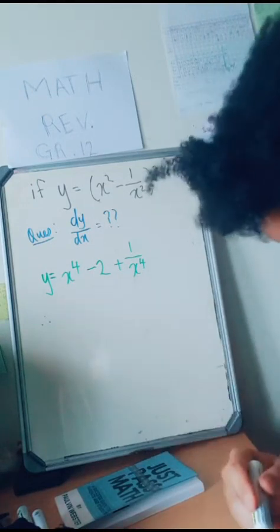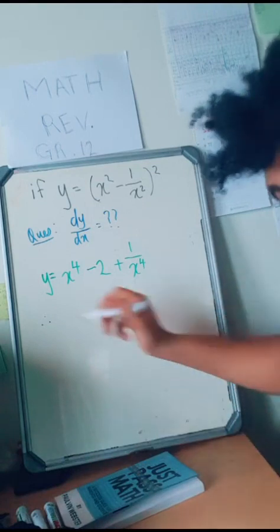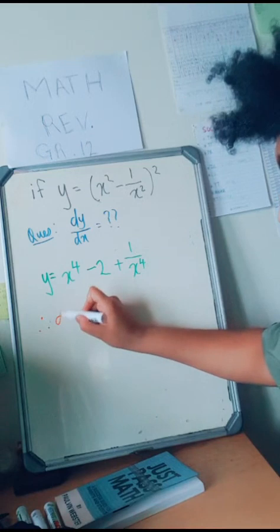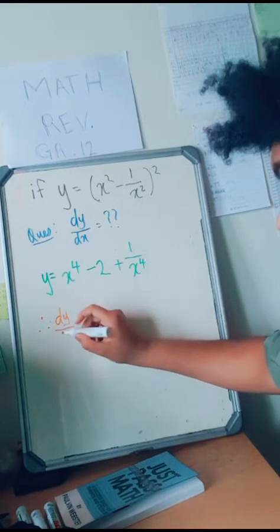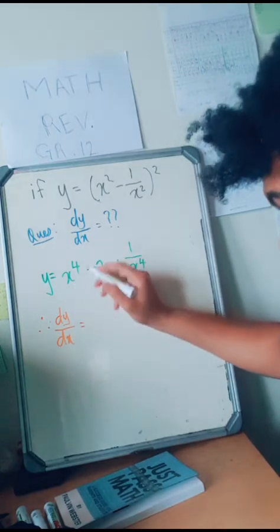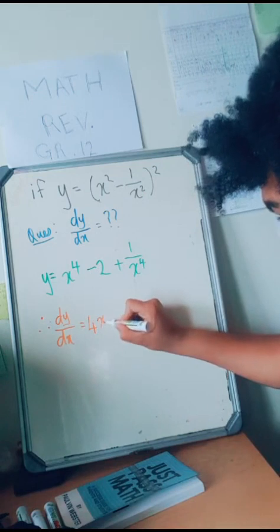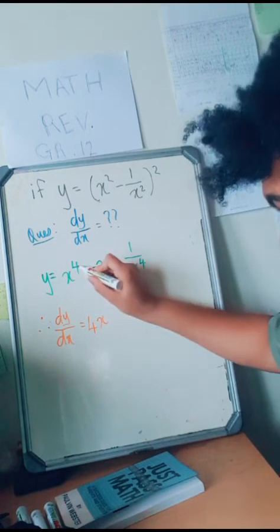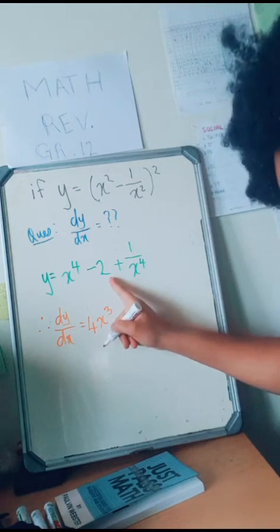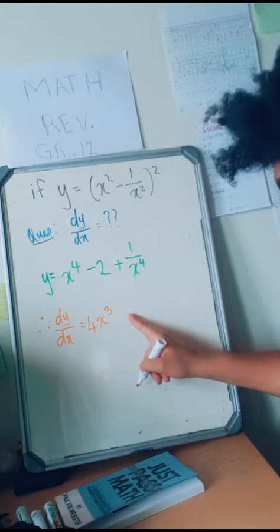Let me use red. That means dy/dx is going to be: derive that, so it's 4 multiplied by the invisible one, which is 4x, and we subtract 1 from the power, so it's going to be cubed. The derivative of a constant is equal to 0, so you don't have to write the 0 down.